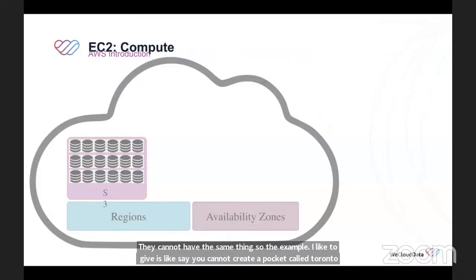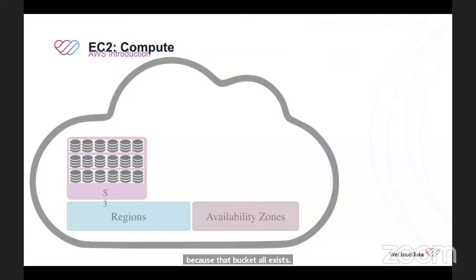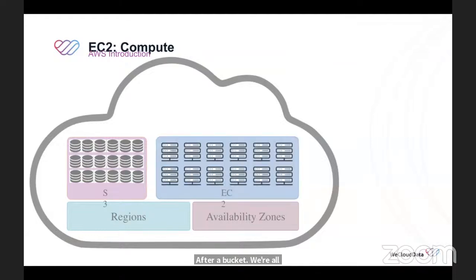After the bucket, or our storage, we have our compute. In AWS this is called EC2, and it stands for Elastic Compute Cloud. So E and two C's, EC2. The way that you can think about EC2 is it's just a virtual computer.